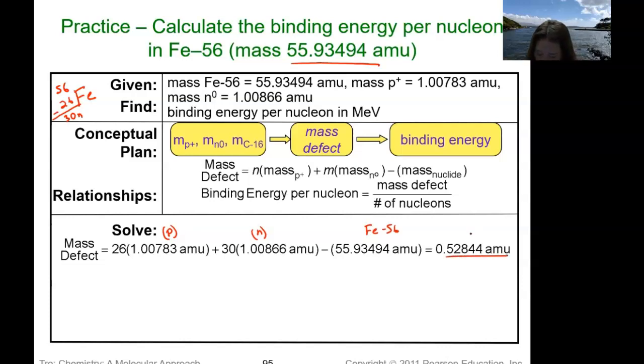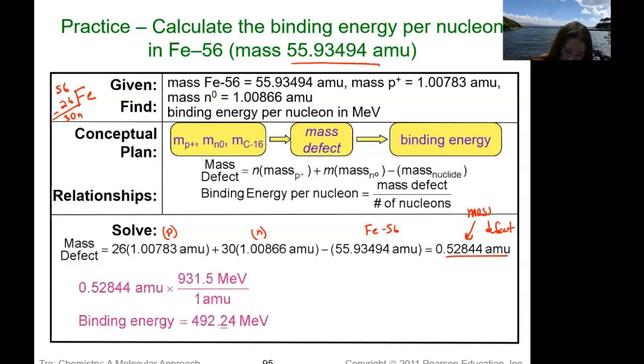So here is our mass defect. Okay, that's our mass defect. Then we need to use this conversion I gave you, 931 mega electron volts in 1 AMU, to get to our binding energy. Here's the conversion that I gave you.